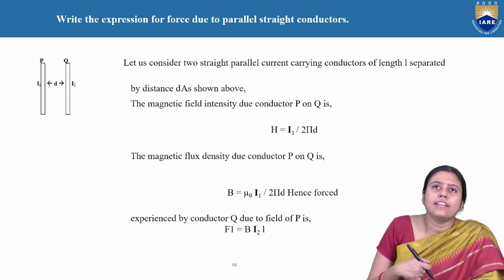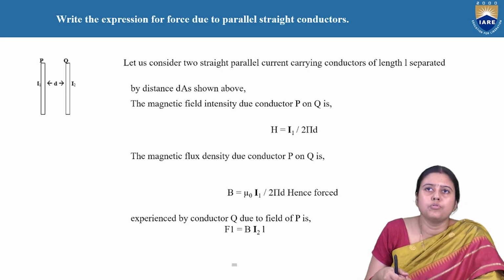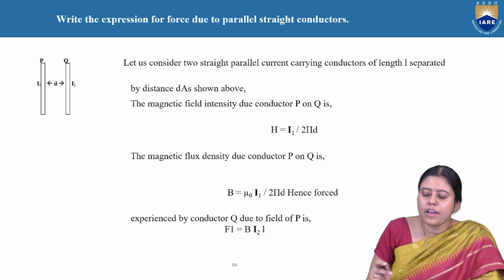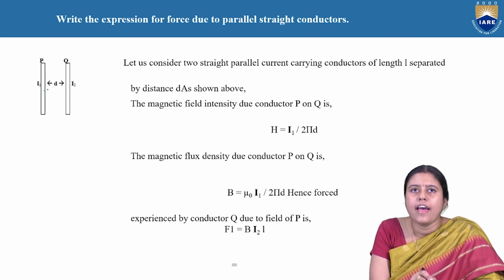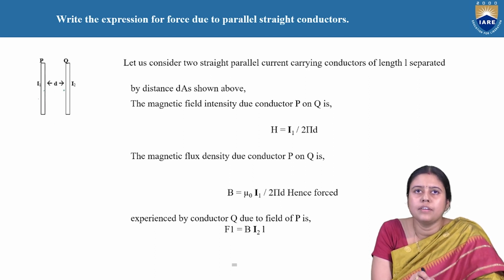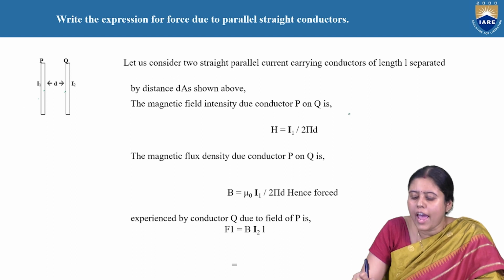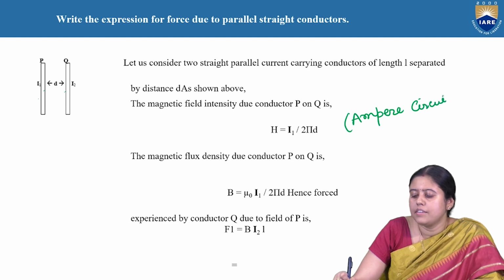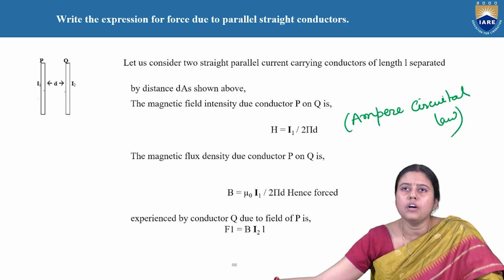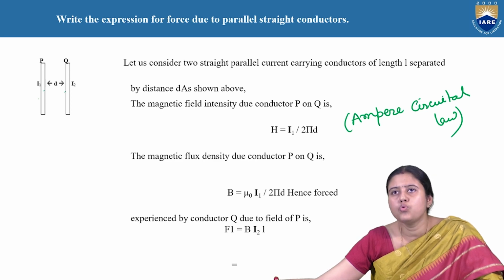Next one: write the expression for force due to parallel straight conductors. Say we have two long parallel conductors and the distance between them is d. According to Ampere's circuital law, H is equal to I by 2 pi d.